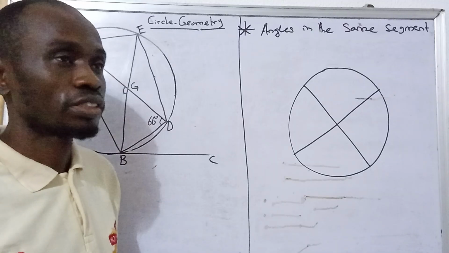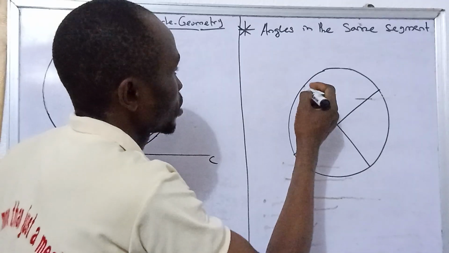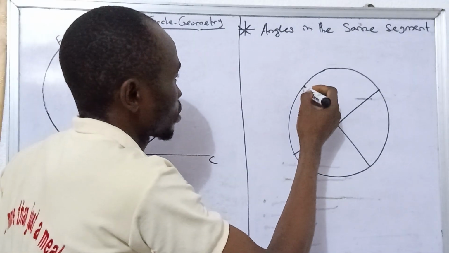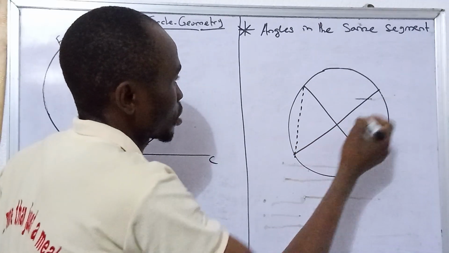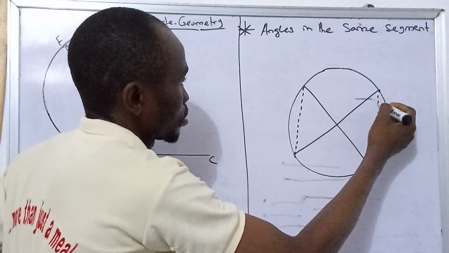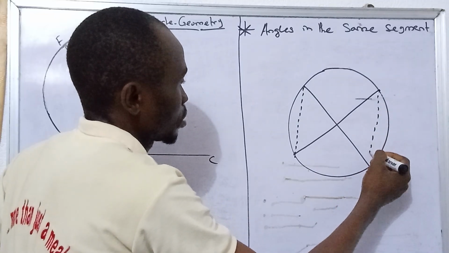So what happens next is this: we need to join our X points together, right?